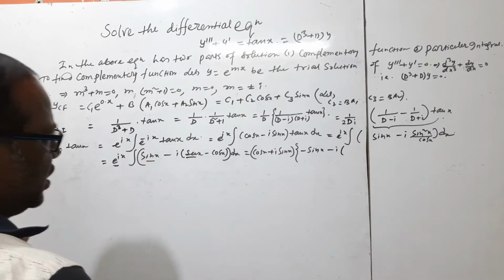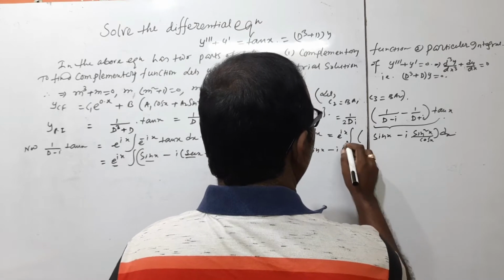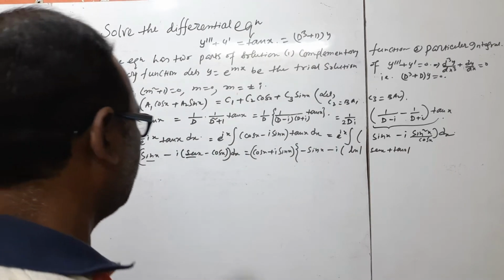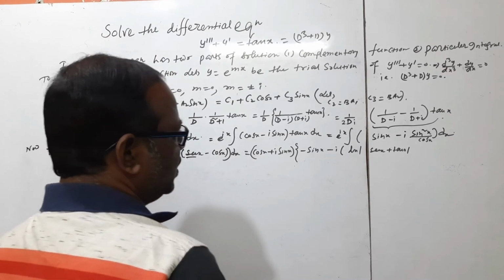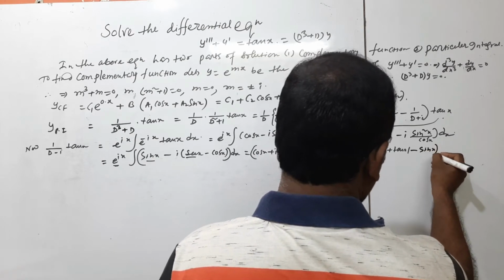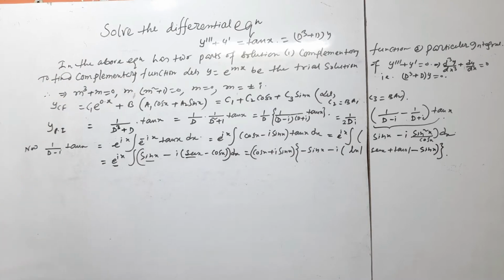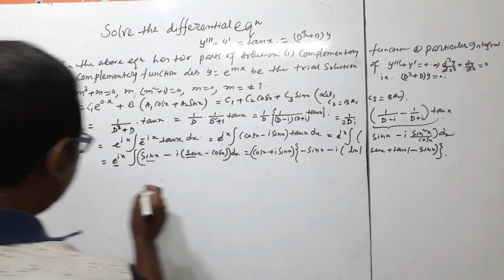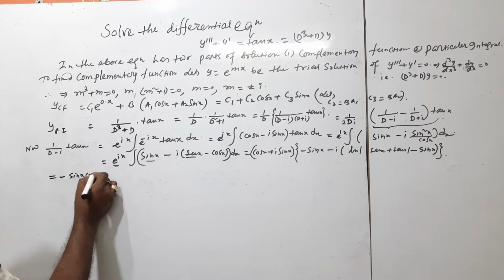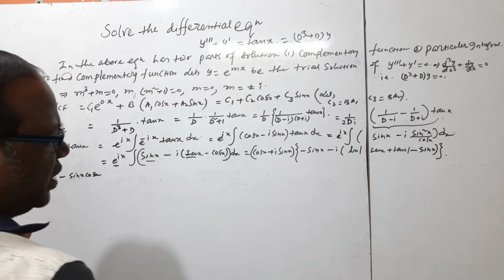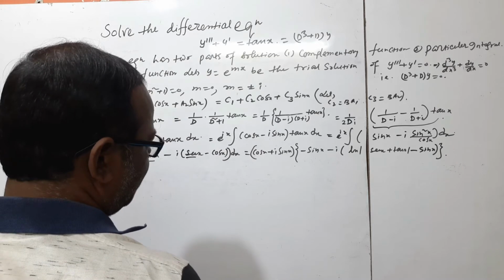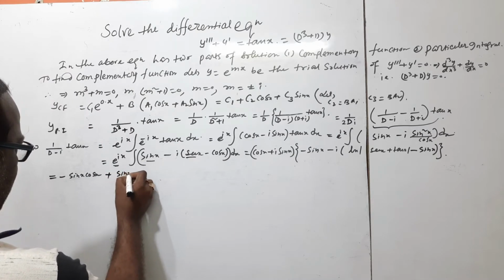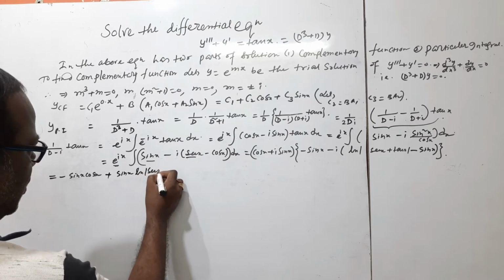Multiplying by cos x + i sin x, the real part is −cos^2 x, and with i times i, which is −1, the product gives plus sin x ln|sec x + tan x|.